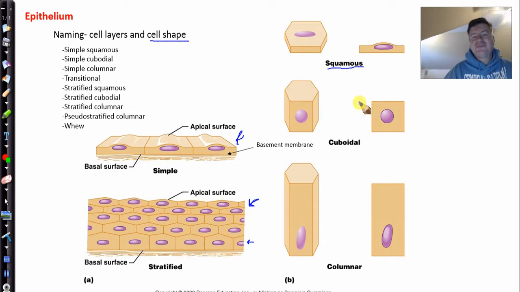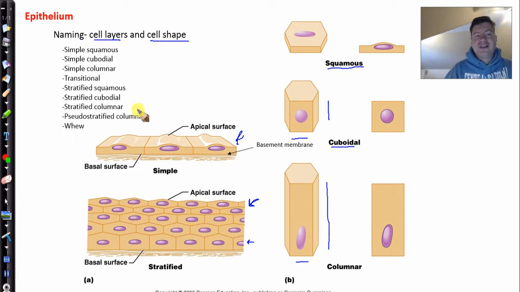Squamous means tile. Cuboidal cells are going to be those that are roughly the same height and width, roughly a square or a cube. So those are cuboidal. Those that have one long axis and then one short axis are referred to as columnar. So when we name epithelial tissue, again, we're going to include the cell layers, simple or stratified, and we'll also include cell shape.